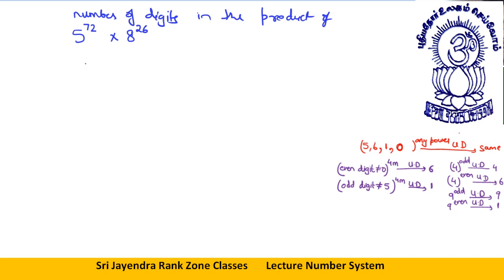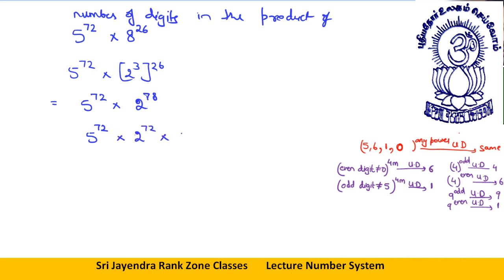See, this is 5 raised to power 72 into 8, and 8 is 2 cube, raised to power 26. Now what will you get? 5 raised to power 72 into 2 raised to power 78. This becomes 5 raised to power 72, 2 raised to power 72 into 2 raised to power 6.